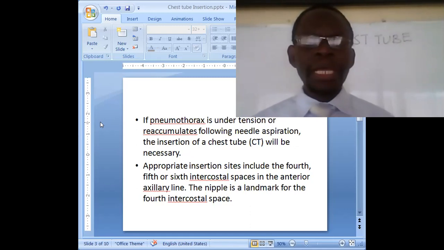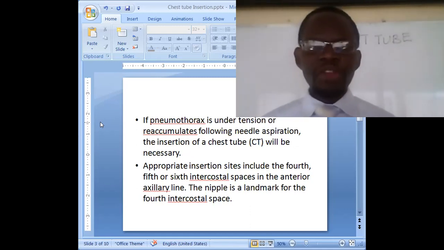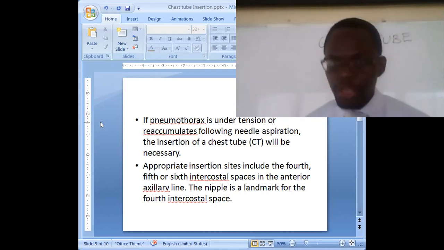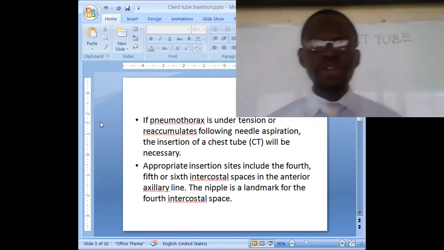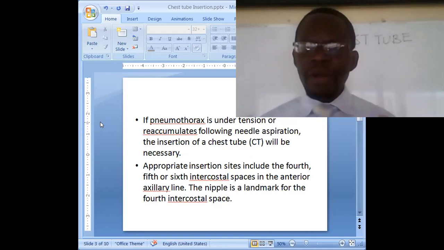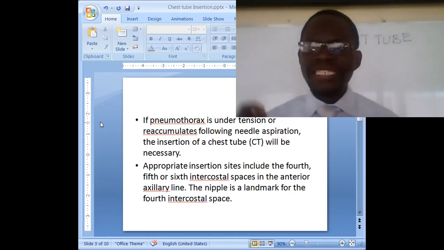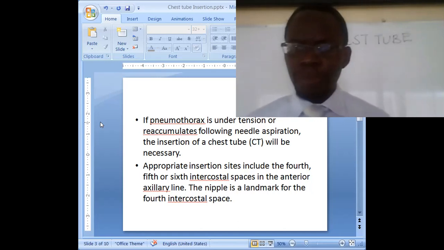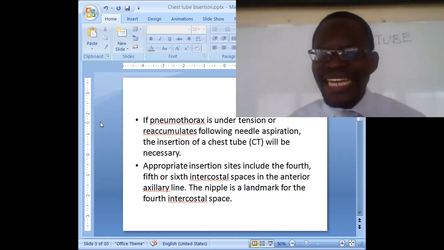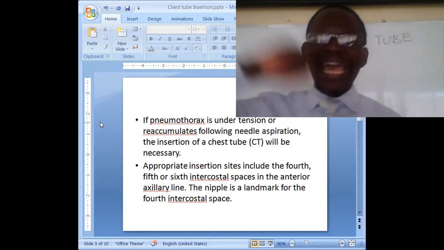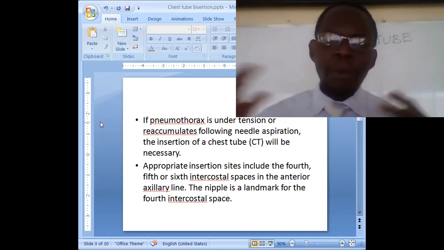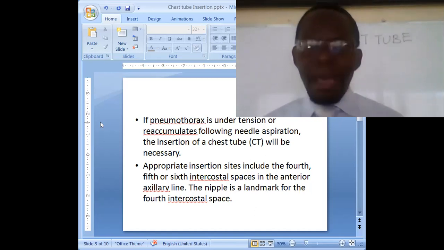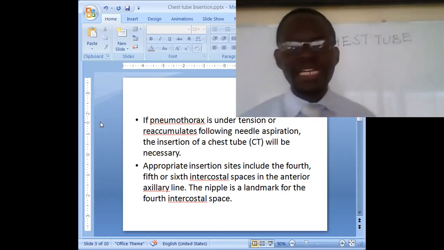Now, if it is tension pneumothorax, as we mentioned earlier, the very first thing they do is insert a large bore needle, usually in the second intercostal space, to make the air escape. However, if it reaccumulates or comes back, then we need to insert a chest tube.